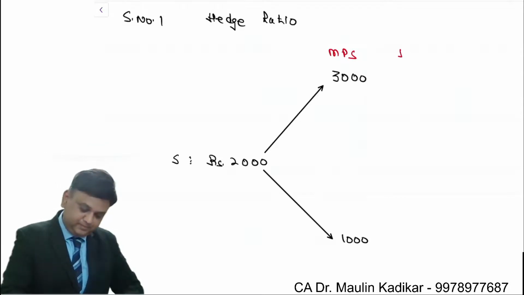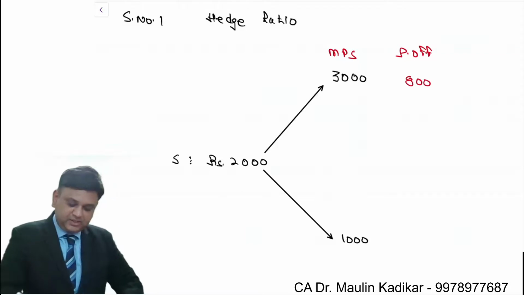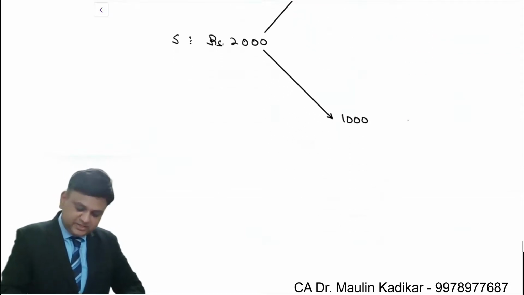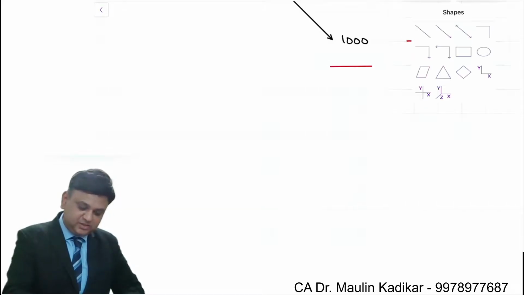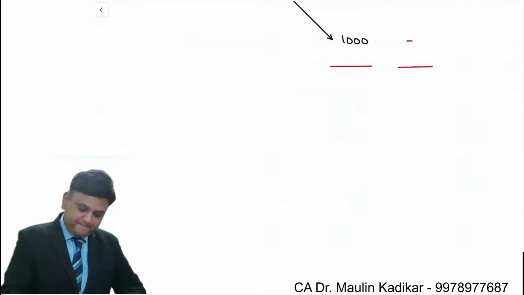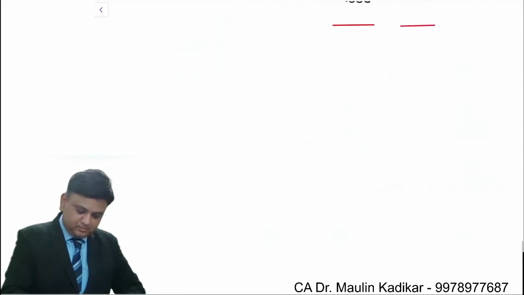Payoff. In the first case, payoff is 800. In the second case, payoff is 0. Why? Because the option is not exercised. This is 2000. This is 800.